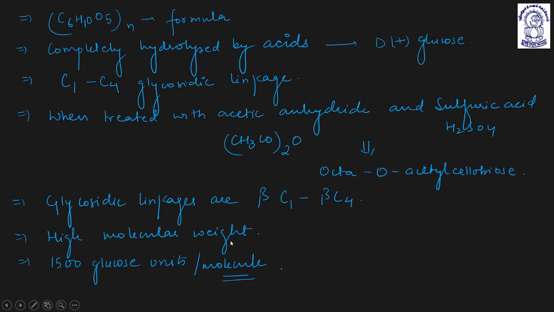The terminal groups can be analyzed by methylation with dimethyl sulfate, or periodic acid oxidation, which gives a chain length of 1000 glucose units or more.